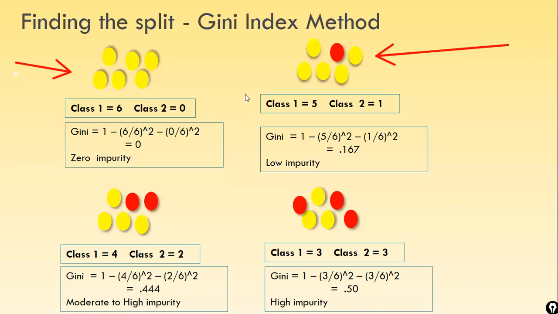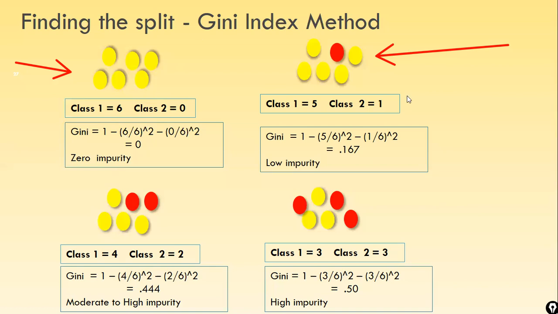Class 2, we did not find any: 0 divided by 6, whole squared. So 1 squared is 1, and 0 divided by anything is 0. Now we are left with 1 minus 1, which is 0. It has 0 impurity, which means it's a pure node.